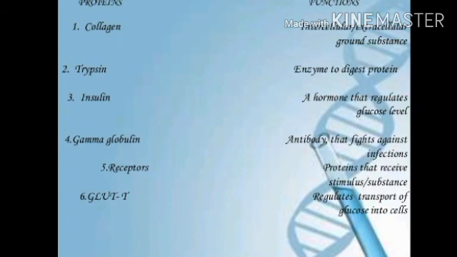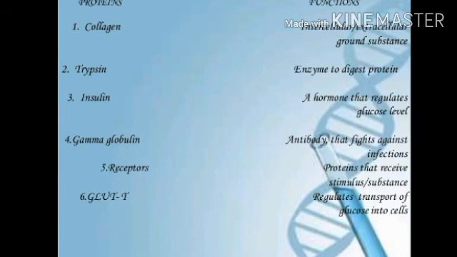The proteins we discussed earlier have a number of functions. Collagen, the most abundant protein in the animal kingdom, helps in intracellular and extracellular ground substance. Trypsin helps in digestion of proteins.